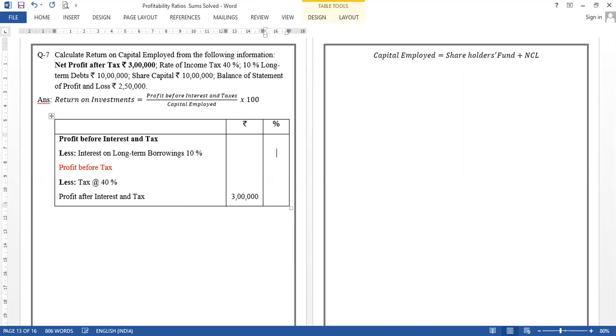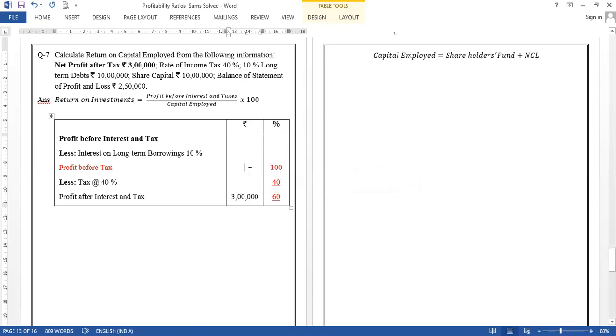In this type of sum, I have always told you, let us assume the profit before tax as 100, right? And from here, let me deduct the tax rate at the specified rate, that is 40%. So profit after tax left out with me will be 60%, right? In terms of percentages, 60. So if 60% is rupees 3 lakh, the 100% will be how much?